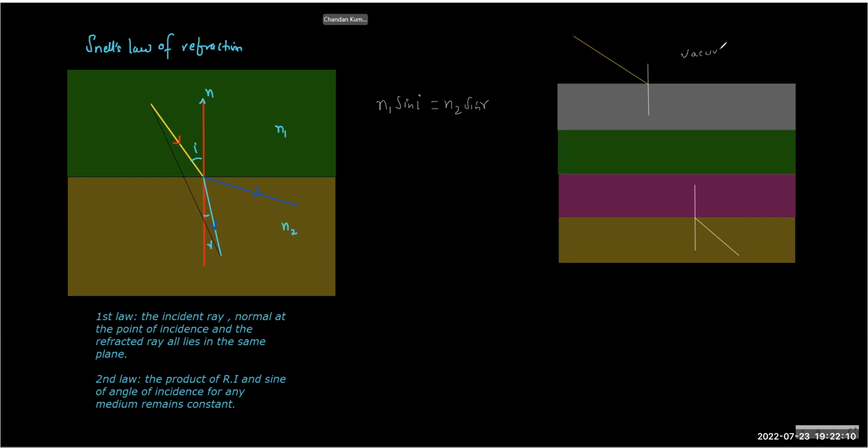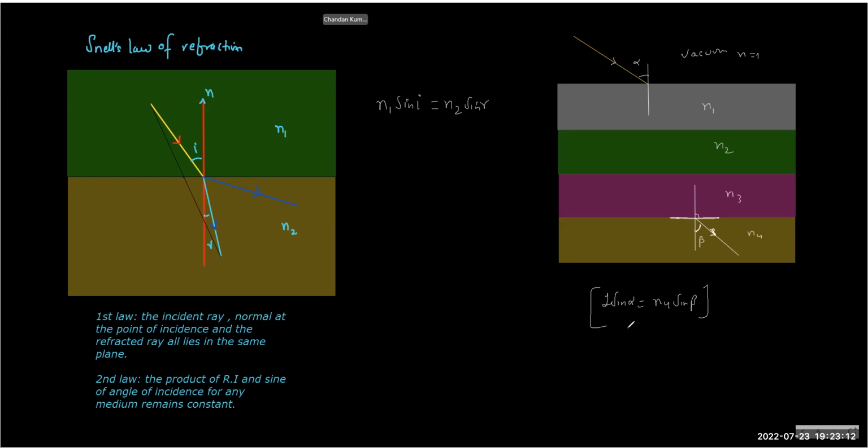So if it is a vacuum, n will be 1. So if this is, let's say, alpha, and this is beta, we can directly write 1 sin alpha equals n sin beta.